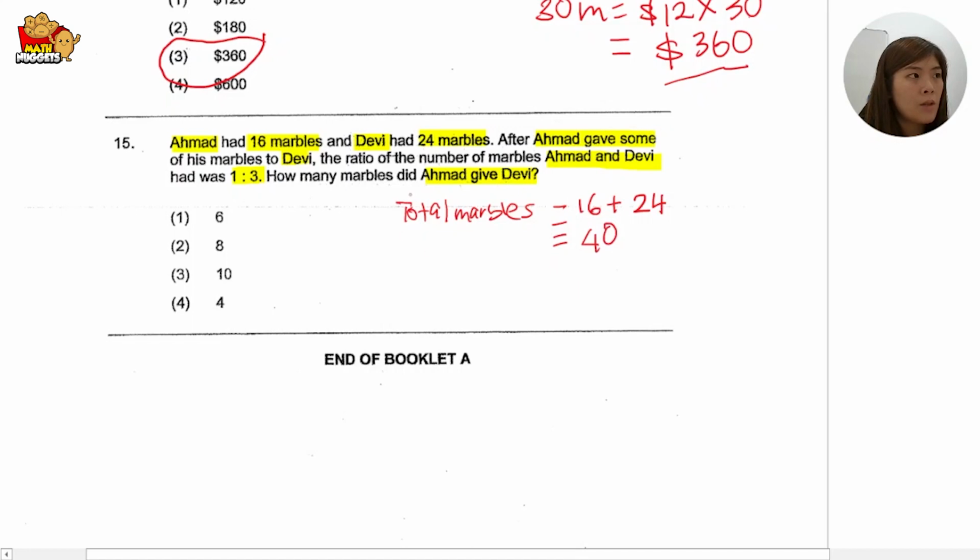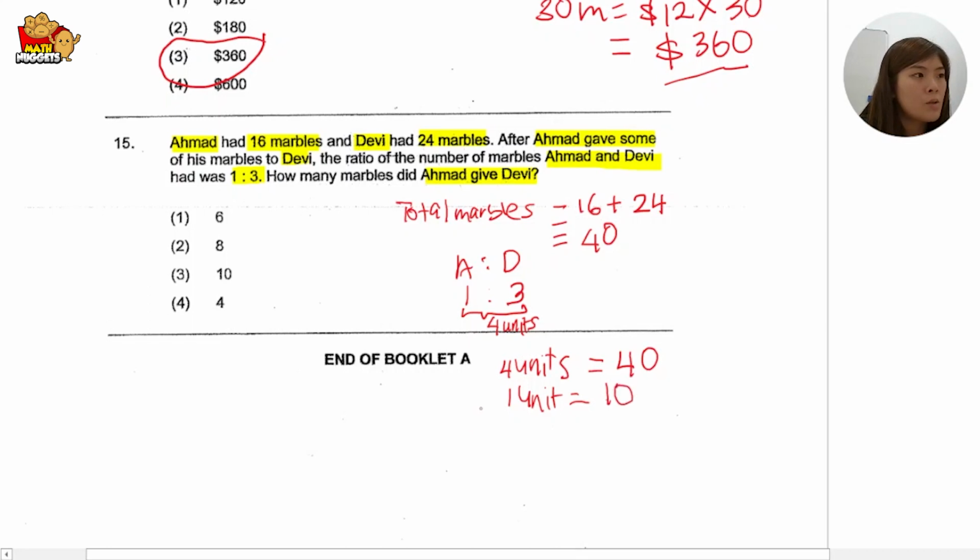The ratio is 1:3, so total 4 units. 4 units equals 40. 1 unit is 10.